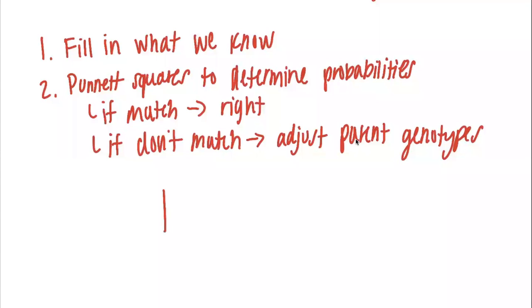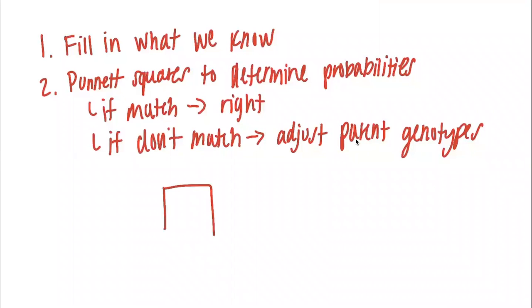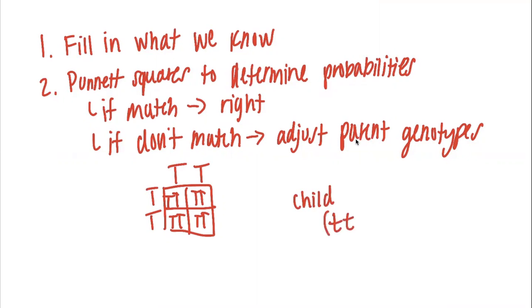So for example, if we have two homozygous dominant parents, and this is what our Punnett square looks like, but the child, based on what we know, has a lowercase t, that obviously is not true. So we would have to go back here and adjust.